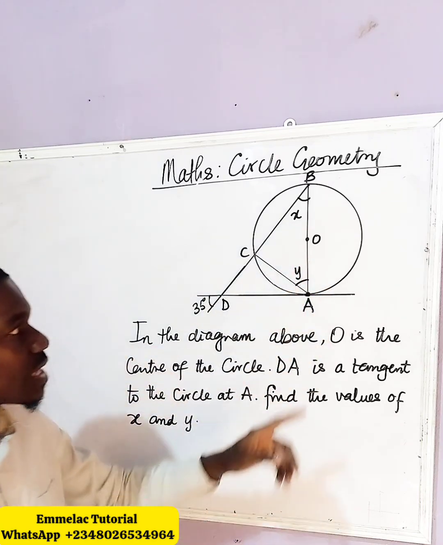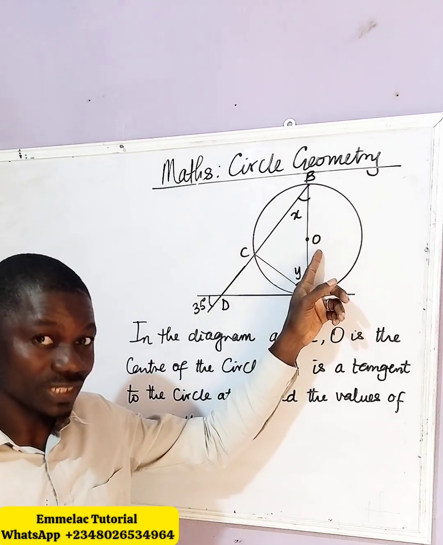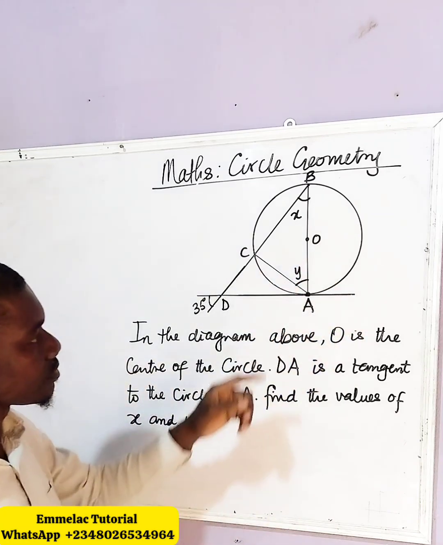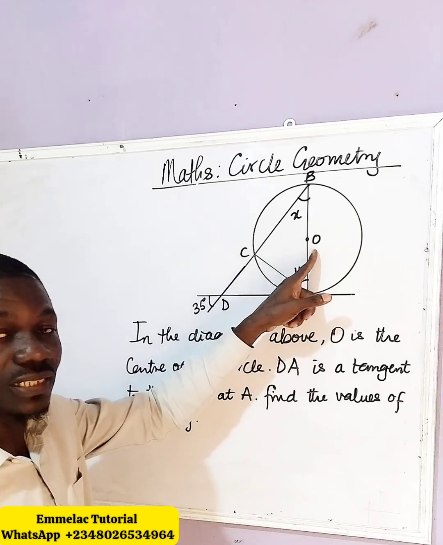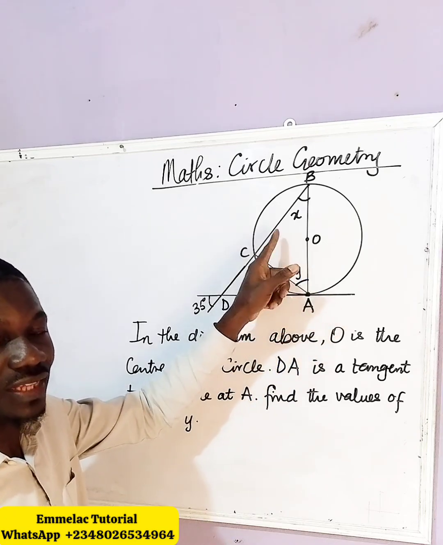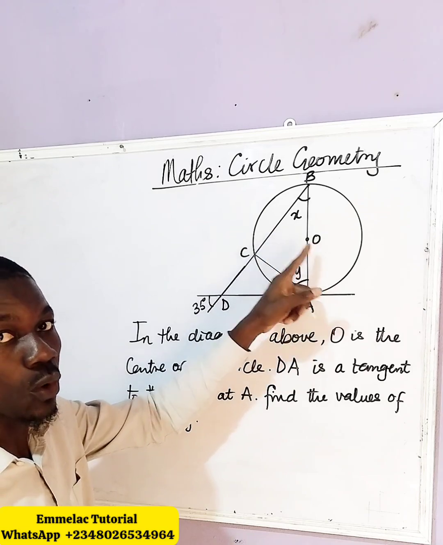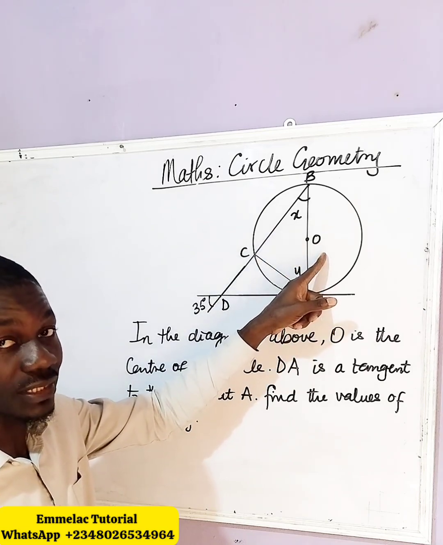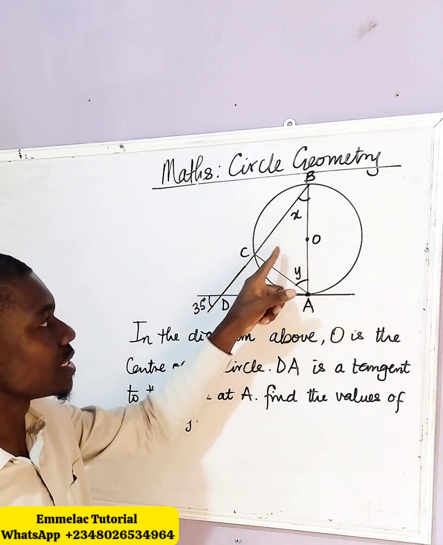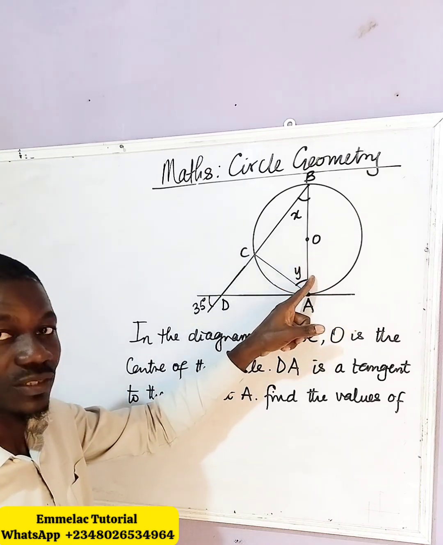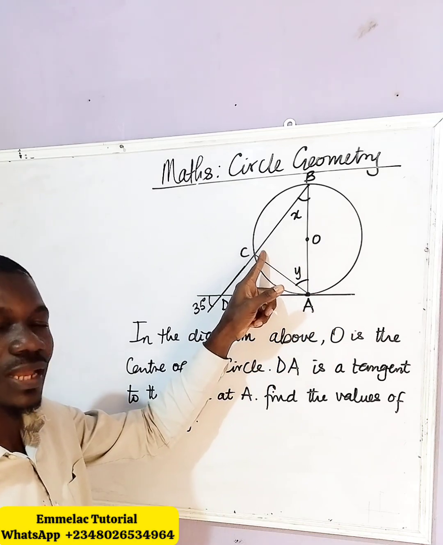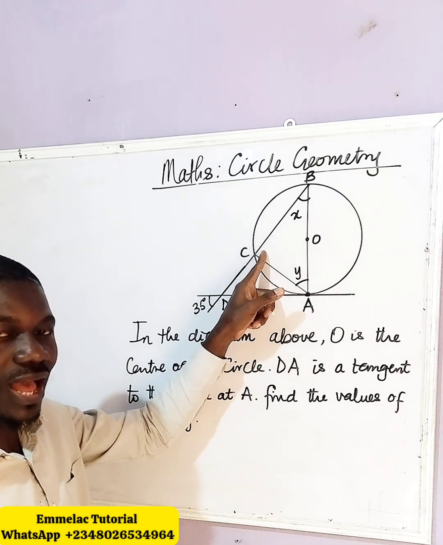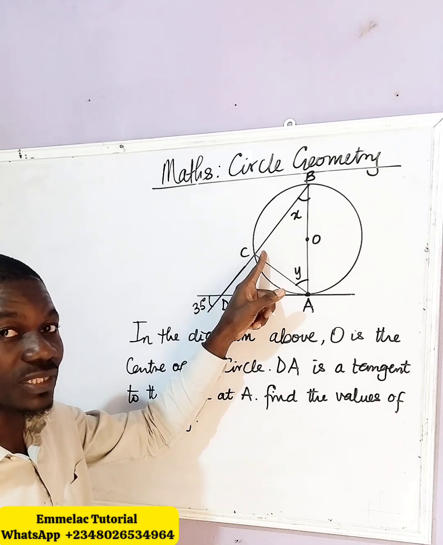First of all, we have the center of the circle given. Since this is the center of the circle and this line divides the circle into two equal parts, which is a semicircle, this line forms an angle at this part of the semicircle.